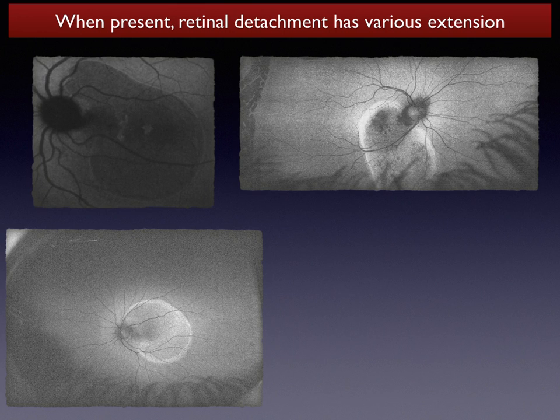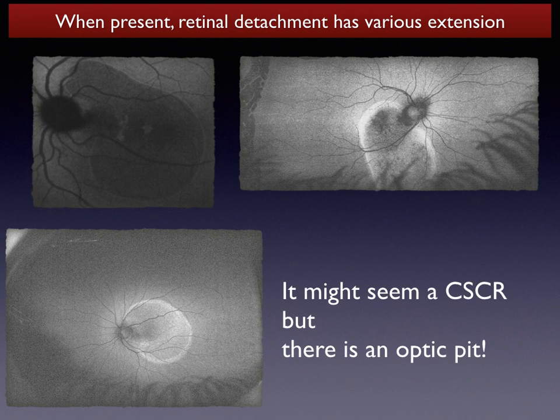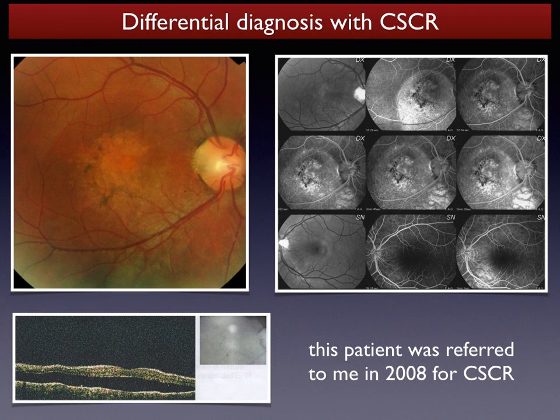The extent of the detachment is very different, from a small area in the macula to the whole posterior pole, or it might have a gravitational appearance. In fact, it has to be differentiated from other types of serous detachment. It may resemble a central serous chorioretinopathy as well, but you will find the pit in the coloboma.